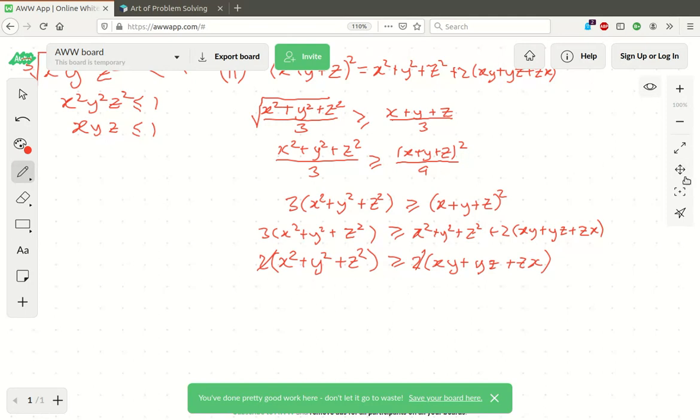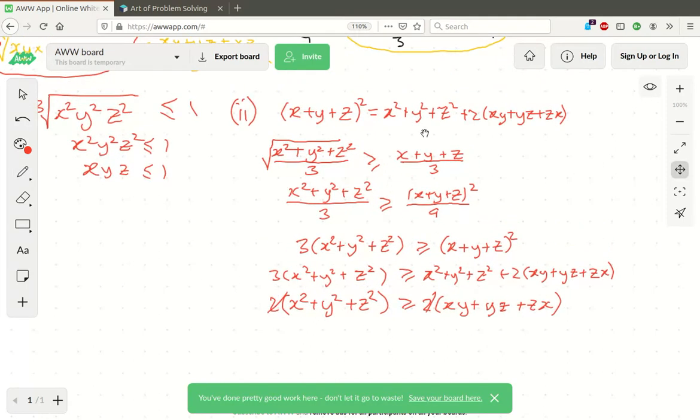I think I should actually rewrite this now as x plus y plus z all squared minus 2 times xy plus yz plus zx. Yeah, I feel like I've actually gone sort of forwards and backwards here, so apologies if I've kind of messed it up slightly. But I'm going to write this as x plus y plus z, because that's what I'm looking for, all squared minus 2 times xy plus yz plus zx.